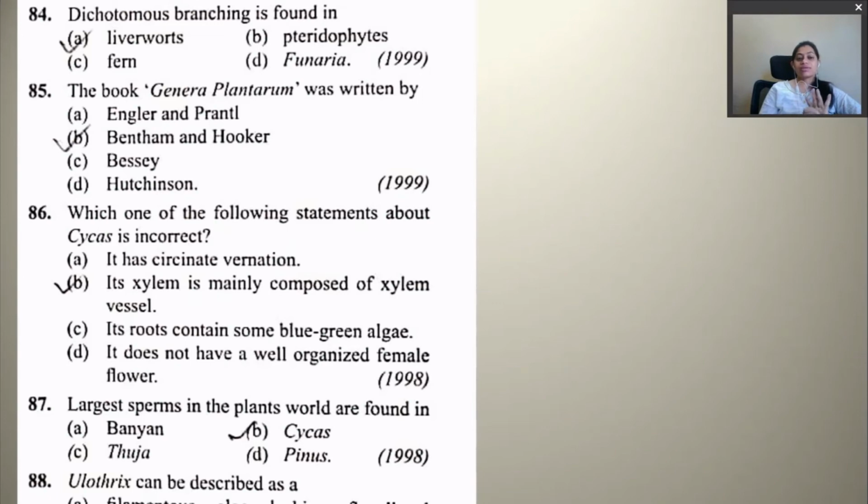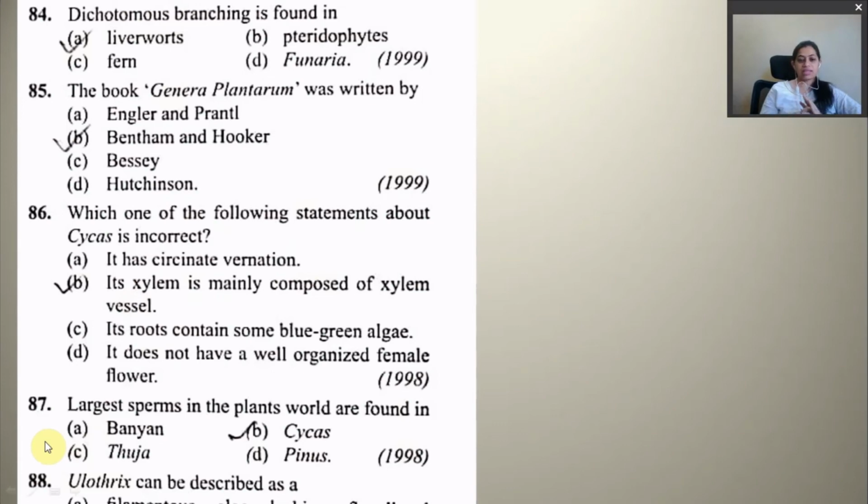So all these are correct except number B, that is xylem is mainly composed of xylem vessels. No, vessels are not present in Cycas, right? So this is the incorrect option and this is the right answer, B. Now 87. Largest sperm in the plant world are found in banyan, Cycas, Thuja, or Pinus.